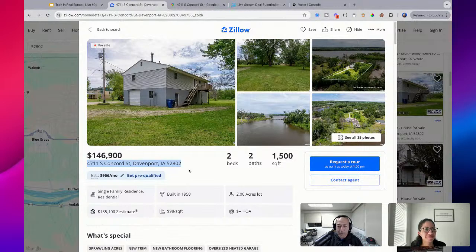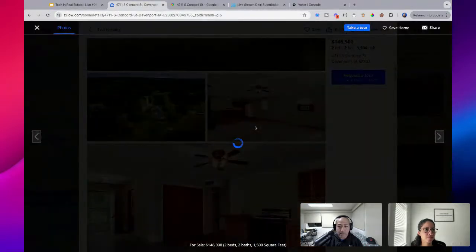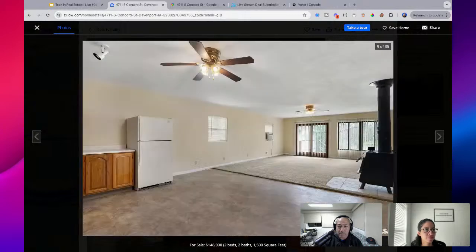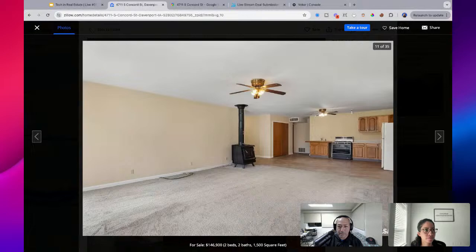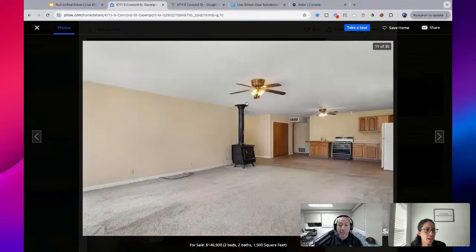At first I'm just looking, it's two bedrooms. It's kind of big, but I'll skim through the photos. What are your thoughts of properties that have, I'm assuming this is a chimney that goes up? I don't know.